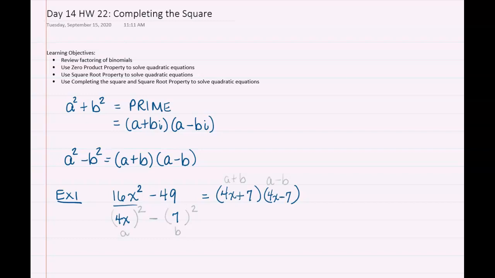The reasoning behind that is because when we finish multiplying on the inside, we're going to get 28x, and when we multiply the outside numbers, we're going to get negative 28x. And when I add those together, we get 0, or nothing. And that's the reason why we don't see it in our quadratic equation that we have here. So we have completed the factored form of that.